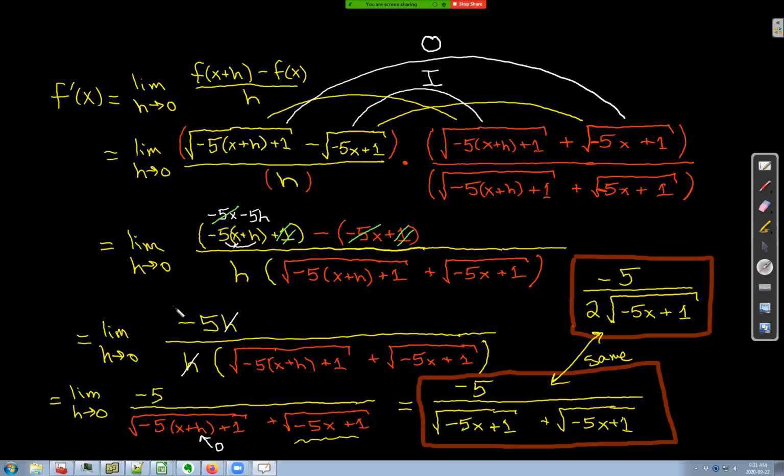And then after we did that algebra, we wound up with an expression where it was safe to plug in h is equal to 0. And once it's safe to plug in your number, then you're done. That's kind of how limits work.